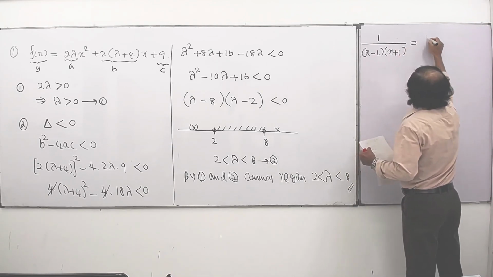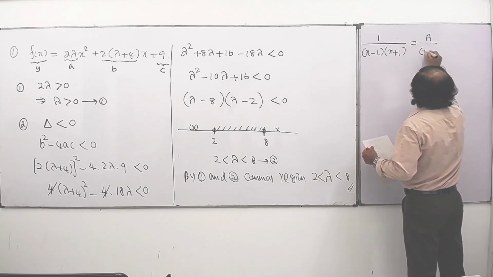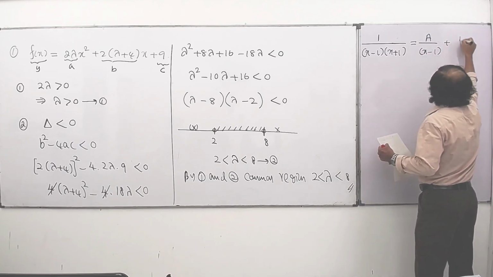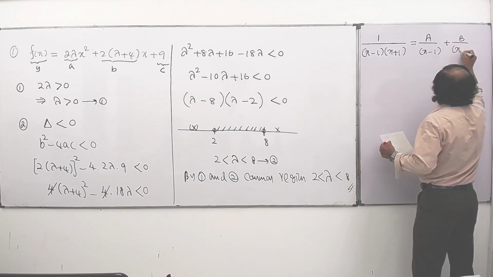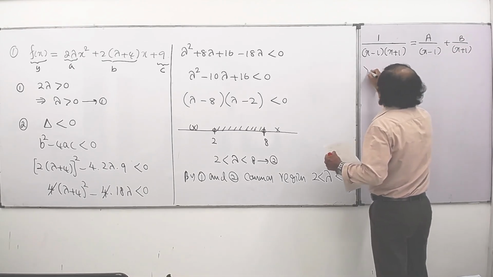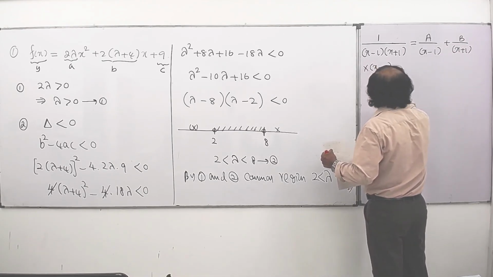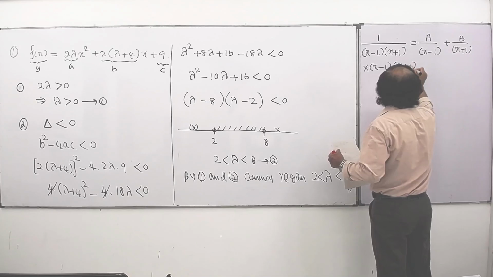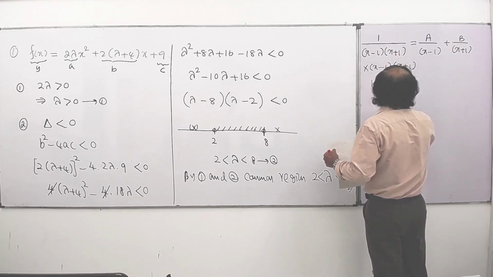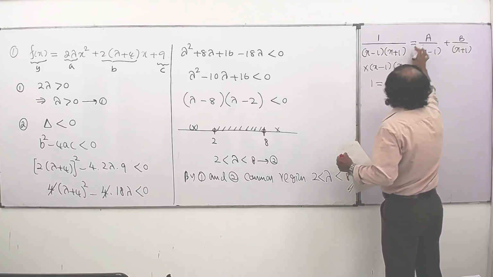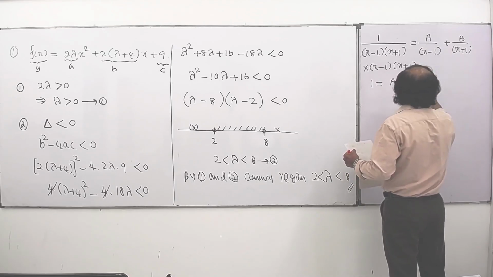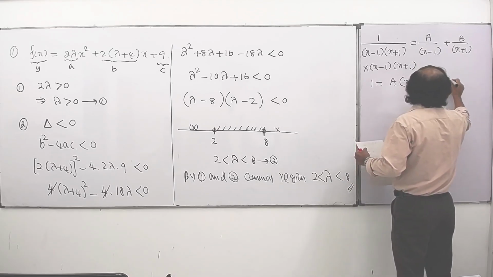We can write A over x minus 1, plus B over x plus 1. We multiply both sides by the left hand side denominator, (x minus 1)(x plus 1). This will be 1 equals A times (x plus 1) plus B times (x minus 1).